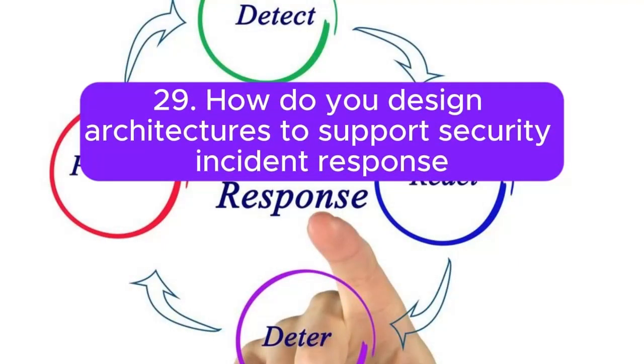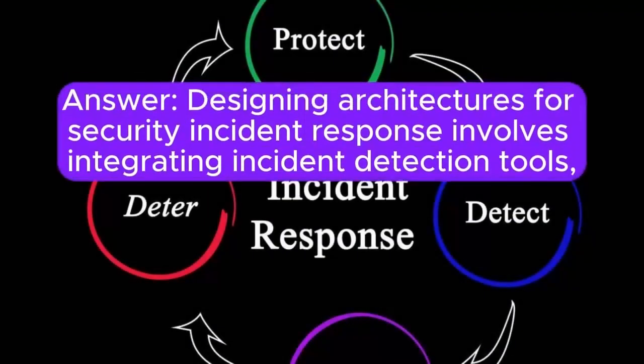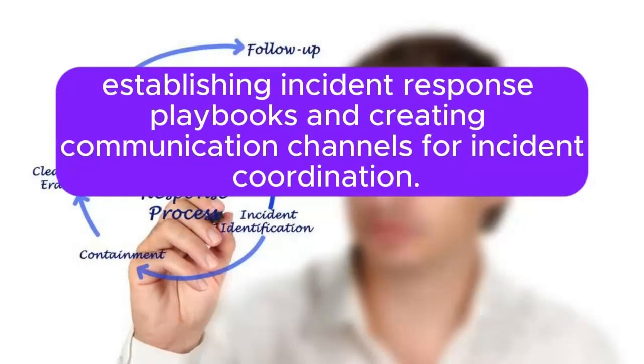29. How do you design architectures to support security incident response? And what measures do you recommend for ensuring a swift and effective response to security incidents within an organization's architecture? Answer: Designing architectures for security incident response involves integrating incident detection tools, establishing incident response playbooks, and creating communication channels for incident coordination.